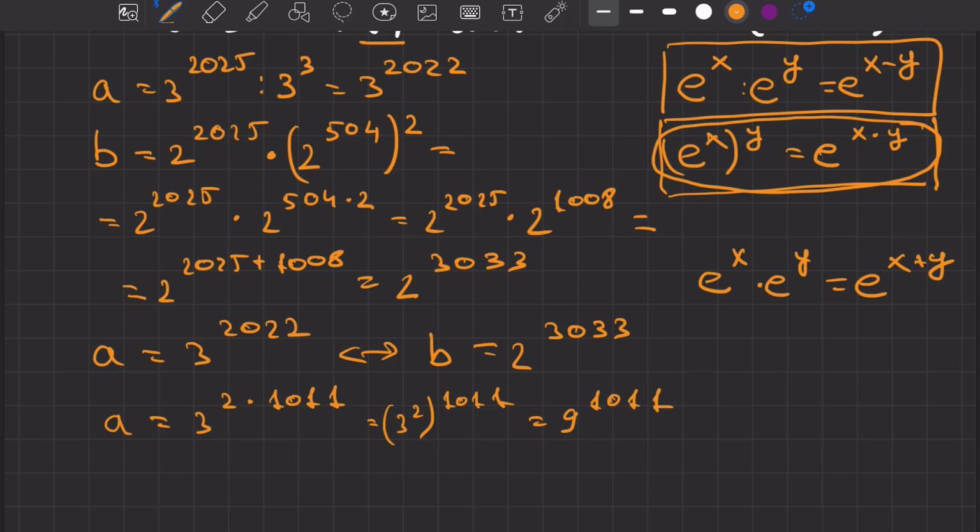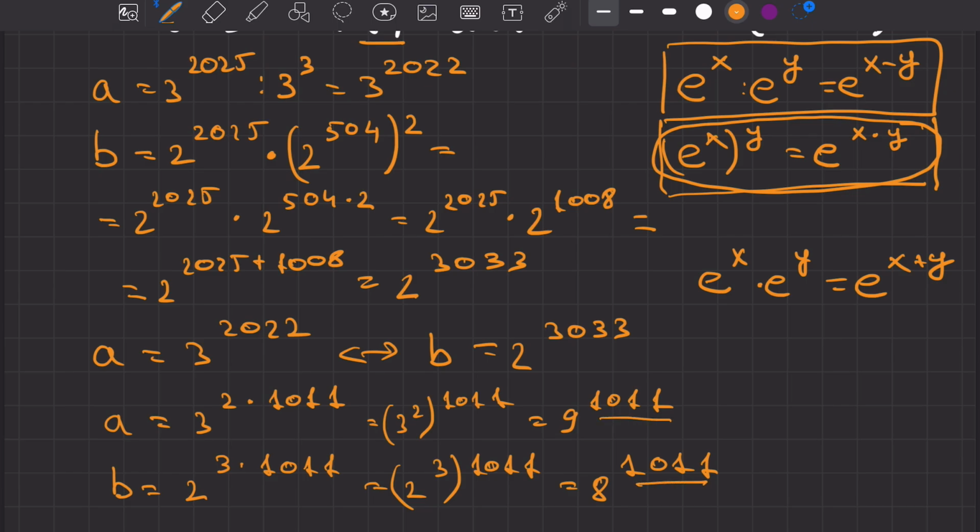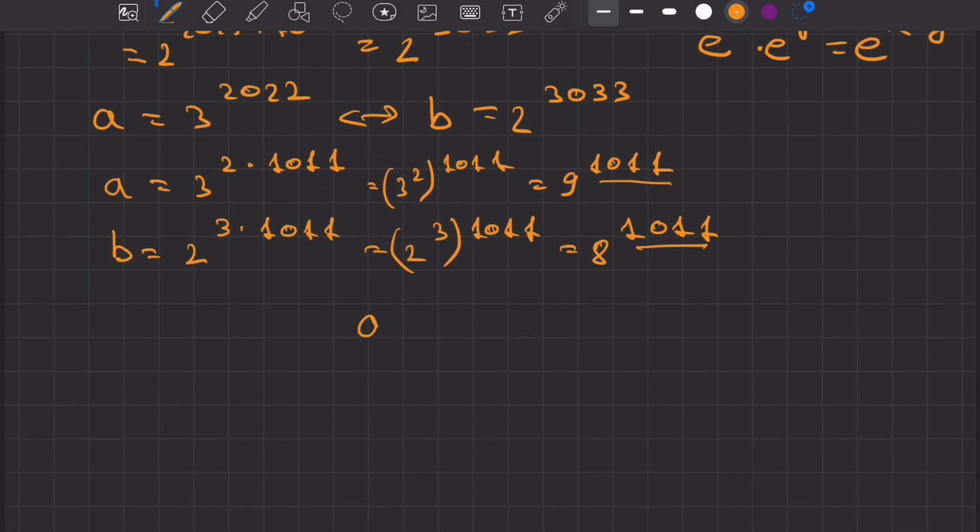And now let's do a similar thing for b, which is 2 to the power of 3 multiplied by 1011. This is equal to 2 to the power of 3, everything to the power of 1011. And this is 8 to the power of 1011. Looking at the exponents, they're equal, and the only difference is between the bases. So we get that a is greater than b.